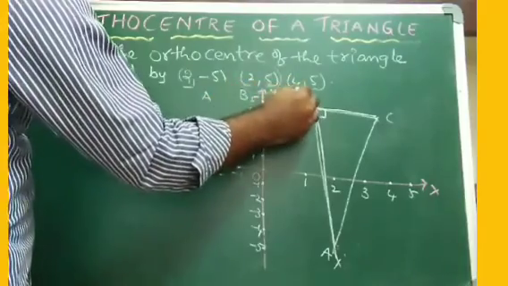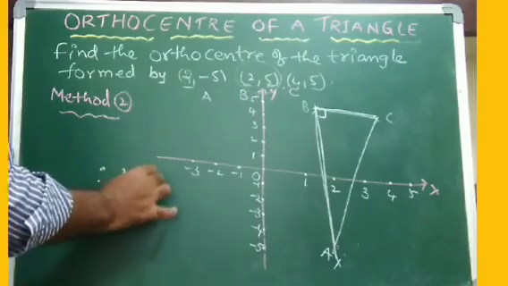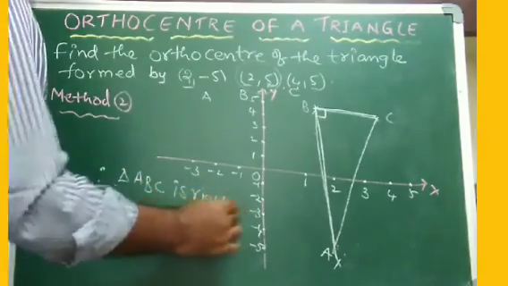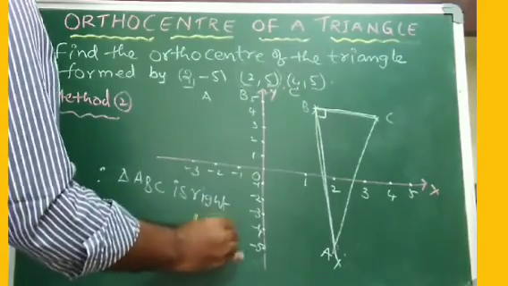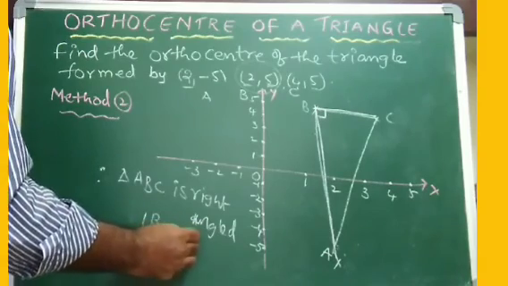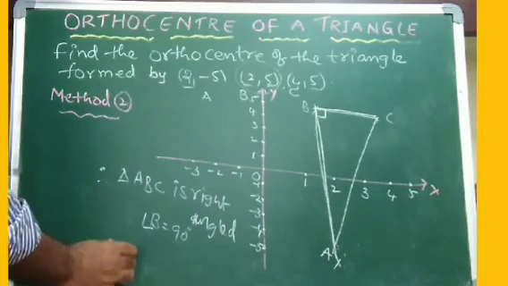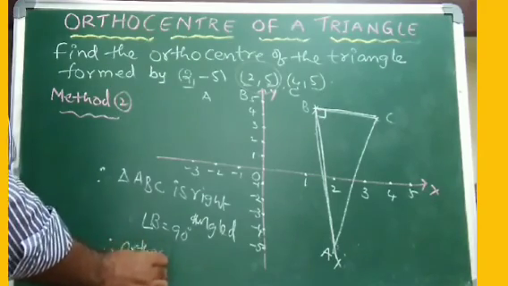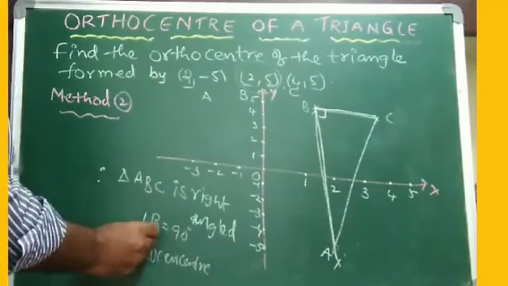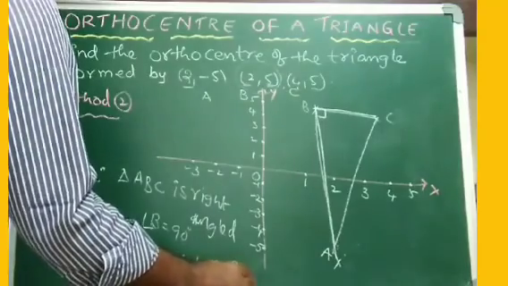This is vertex B and this is vertex C. Since triangle ABC is right angled, with the right angle at vertex B, the orthocenter is the same vertex, vertex B itself. So vertex B coordinates are (2, 5).